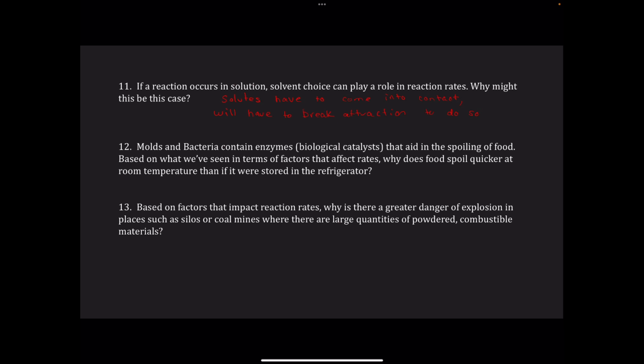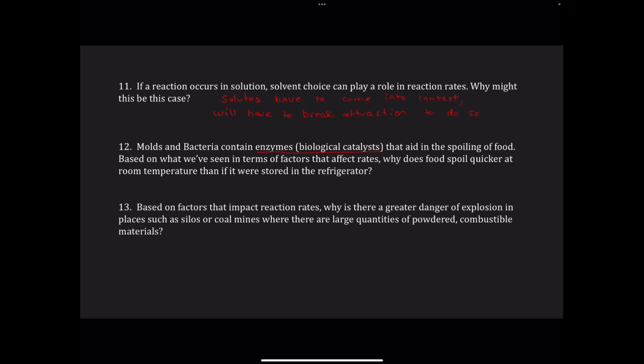Now with problem 12, we're told that mold and bacteria contain enzymes. Enzymes are biological catalysts. And so these enzymes aid in the spoiling of food. Based on what we've seen in terms of factors that affect rate, why does food spoil quicker at room temperature than if it were stored in the refrigerator?